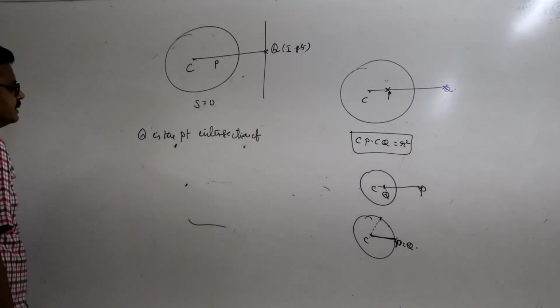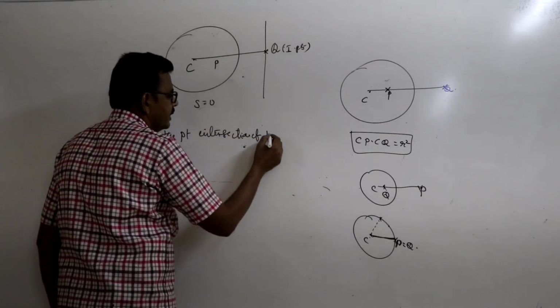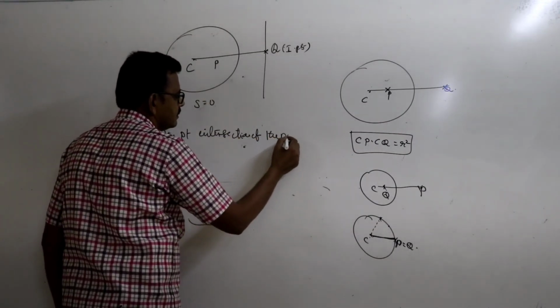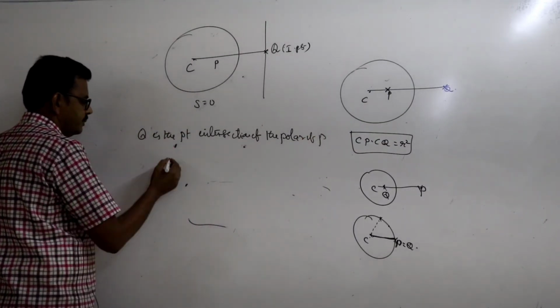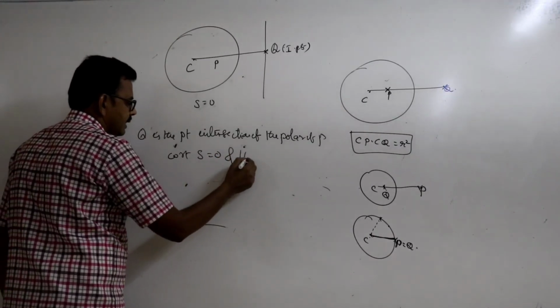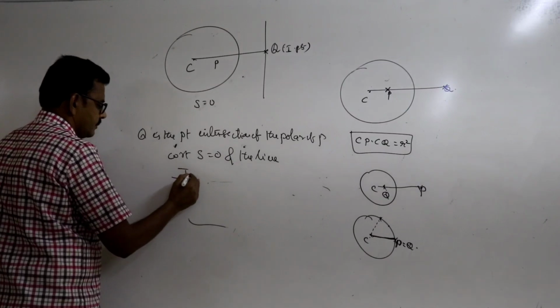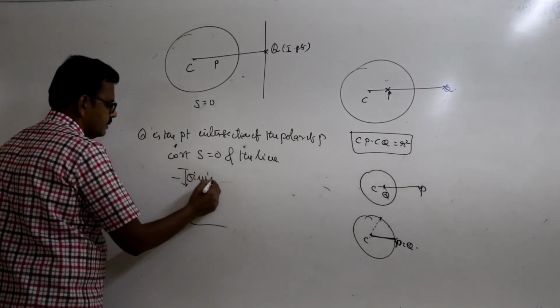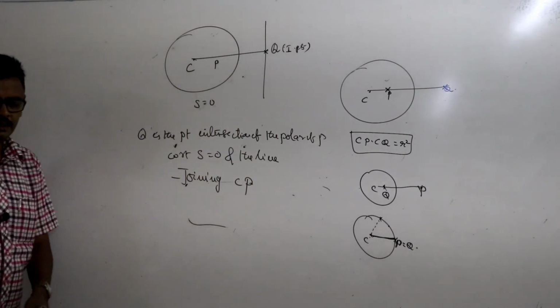Q is the point of intersection of the polar of P with respect to the circle S = 0 and the line joining C and P.